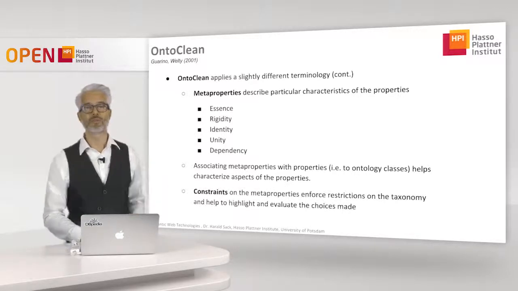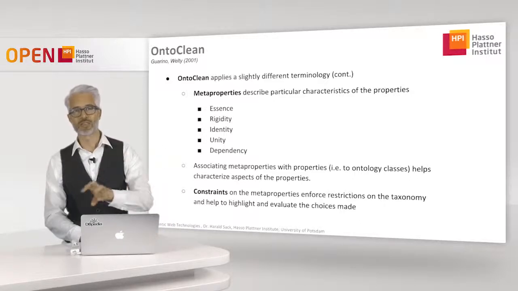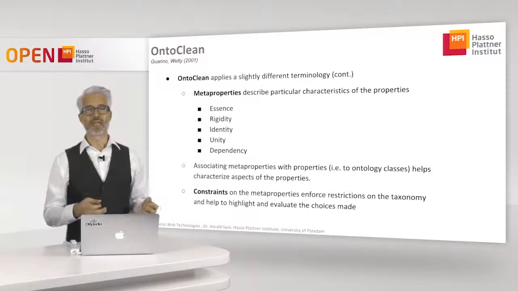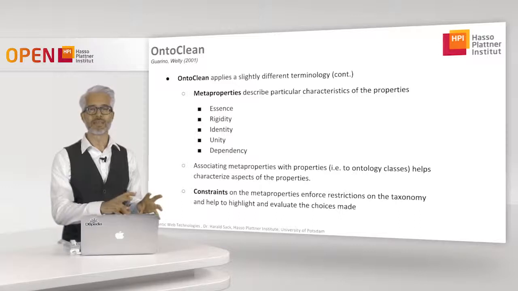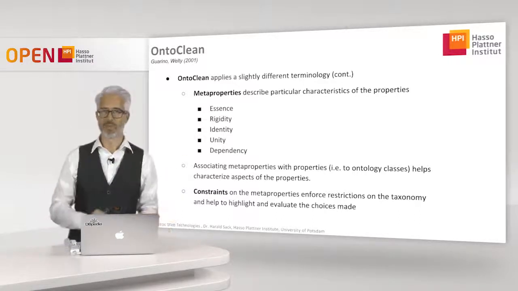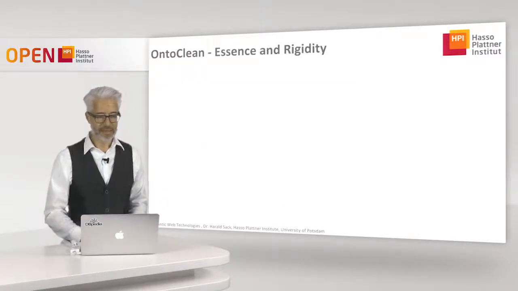With the help of constraints on these meta properties, we enforce restrictions on the taxonomy. If you detect a violation of these constraints, this helps to highlight and to evaluate choices at critical points within the taxonomy.